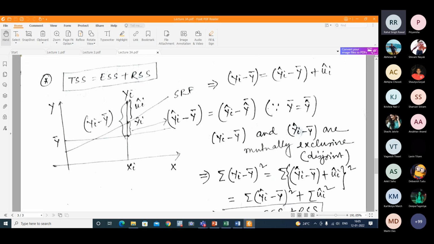And then with respect to this average, I can get another vertical distance between the sample regression function and this average.